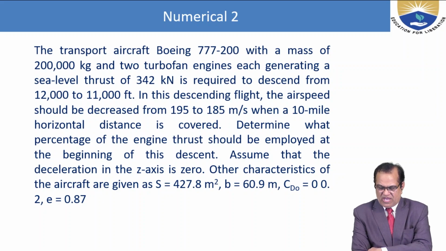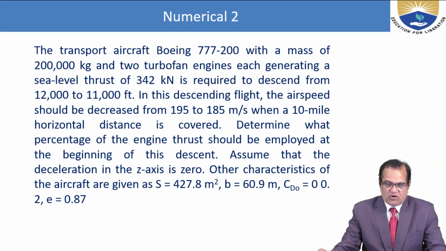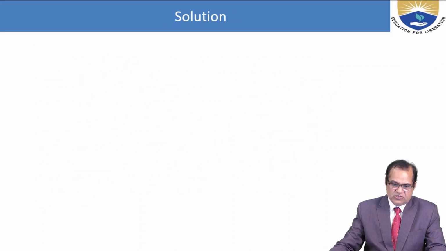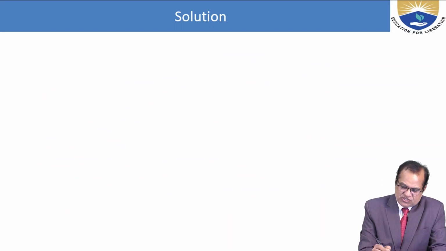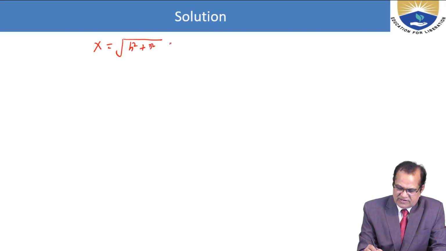So we have to now solve this problem. We have to see how we should go about it. So we know that the actual distance x is equal to under root h square plus d square.